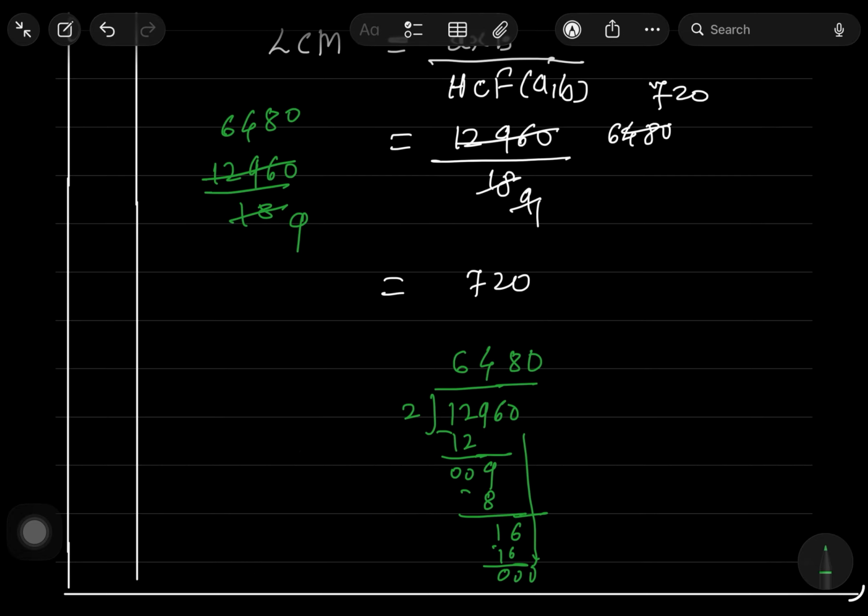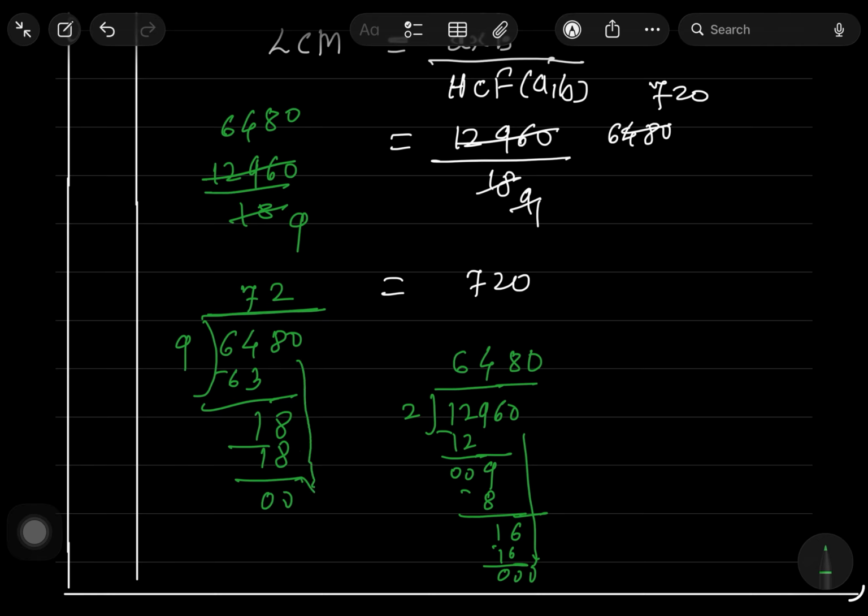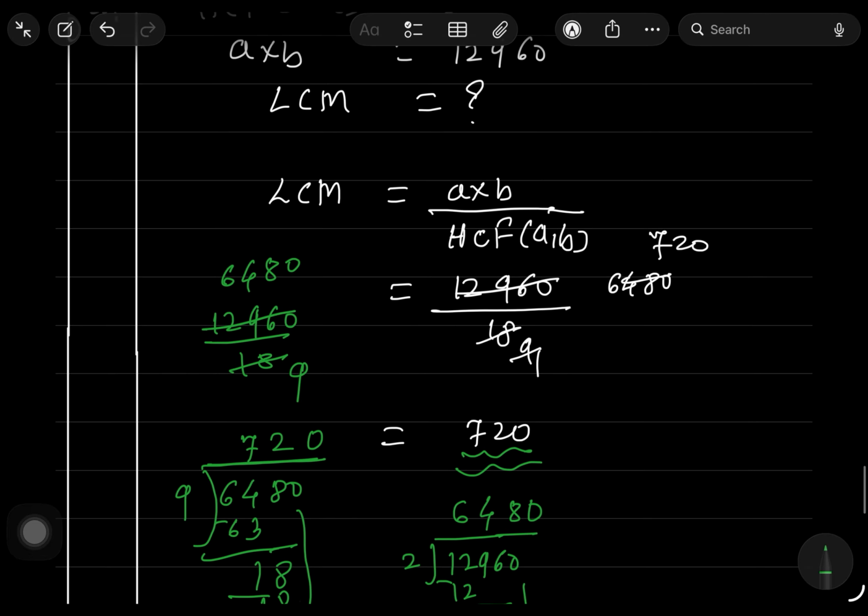Now see the division, 6,480 divided by 9. So 9 sevens are 63, so 1 will remain. Very simple, 9 twos are 18, 0, and this 0 is coming. So here you have to use this. So 720 is the answer. LCM is 720.